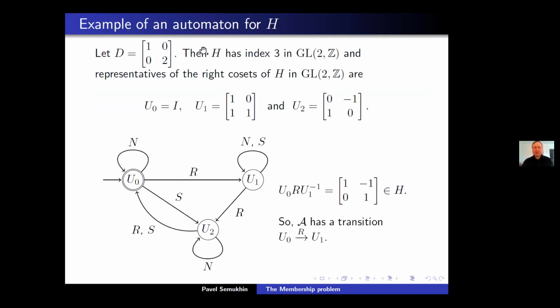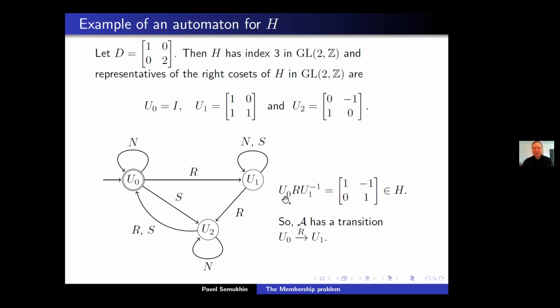So our automaton for H will have 3 states, which are labeled by U0, U1, U2, where U0 is the only initial and the only final state in this automaton, and the transitions are pictured here. For instance, let's consider these two states, U0 and U1.